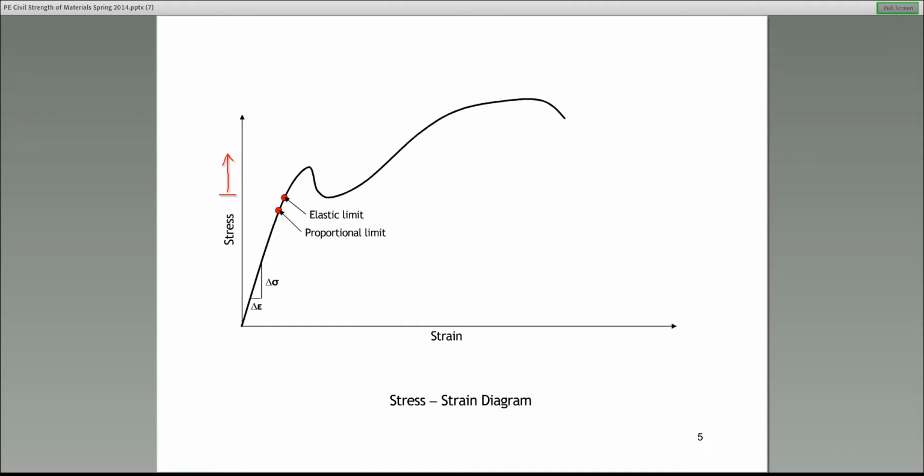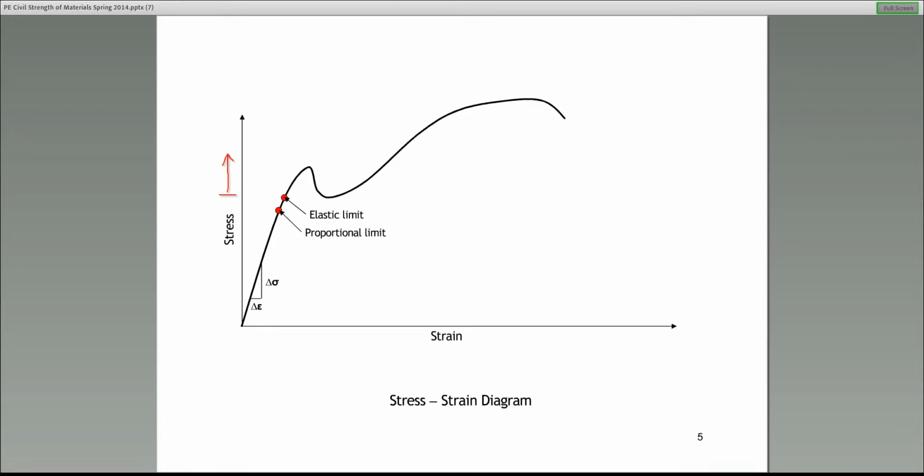I will tell you very quickly. Let's assume that we have some type of an object. It could be a structural element. And if we place a certain amount of load on it, this force causes some type of deformation. Now, if you remove the load and the material goes back to its original shape, that is called elastic behavior.